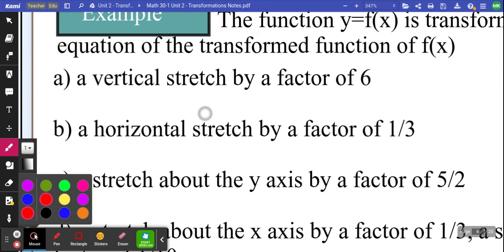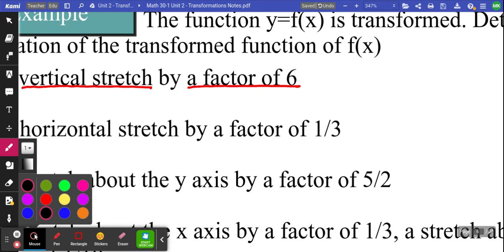Okay, so you have a vertical stretch by a factor of 6. And then it should technically say about something. So if it was a vertical stretch, it'd be about the x-axis.